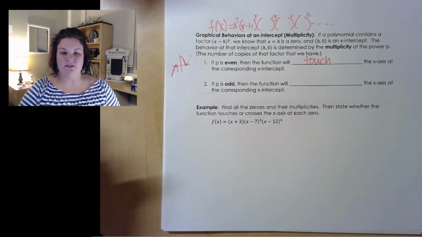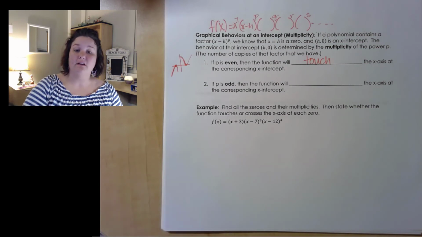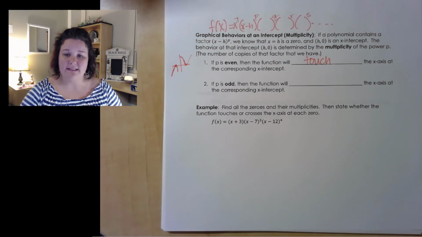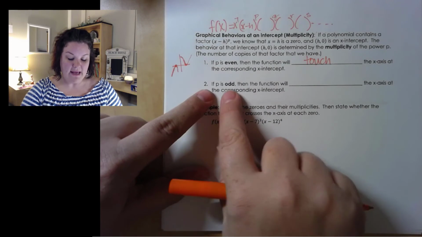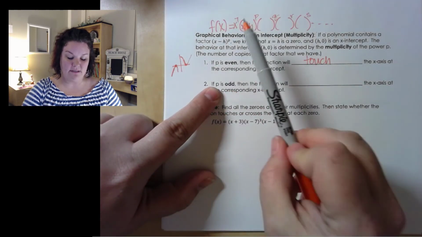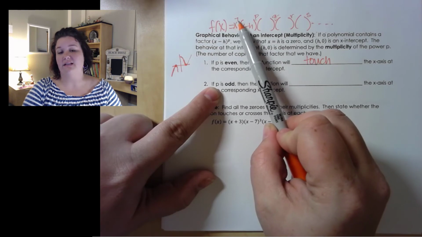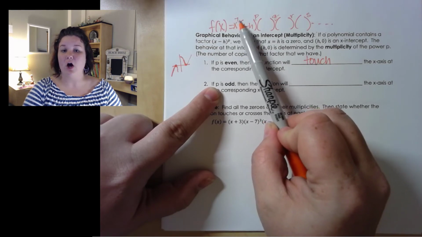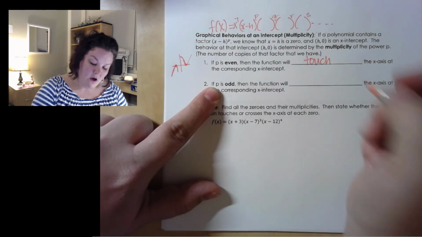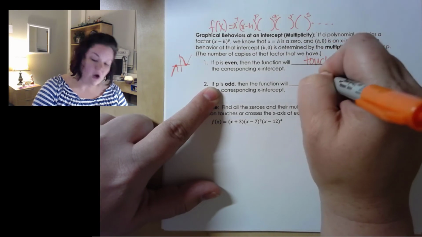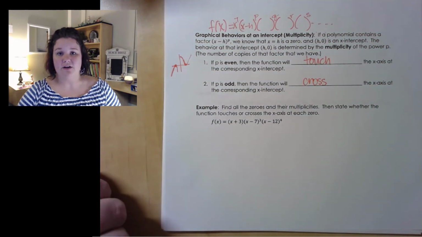So it's not actually crossing the x-axis. Now if p happens to be odd, like we have an x to the 7th as a greatest common factor, that's when our function will cross the x-axis at that intercept.